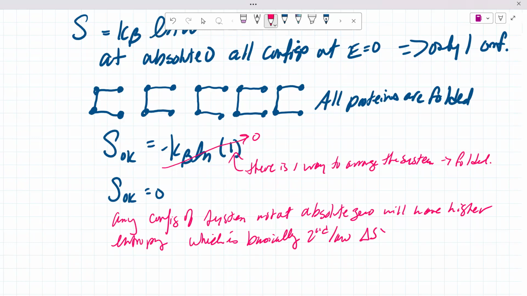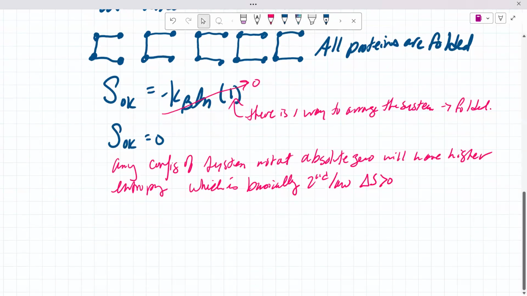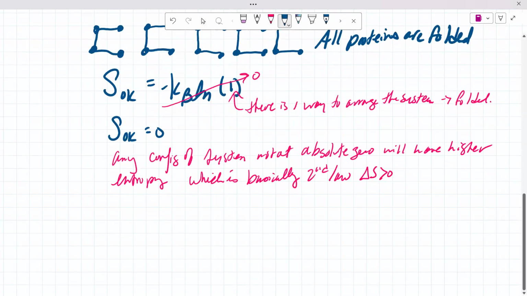Right, delta S is greater than zero. The third law from a probability perspective can be written like this.